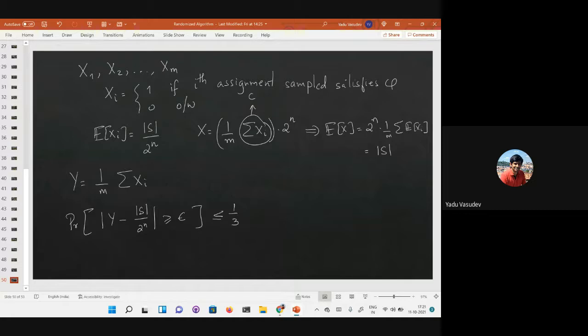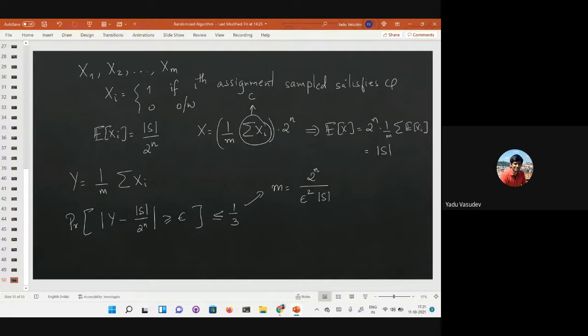Okay, so delta is fine. Then for this to hold, the number of samples m that you need is something like 1 over epsilon square mu. What is mu here? Mu is cardinality S divided by 2 power n.